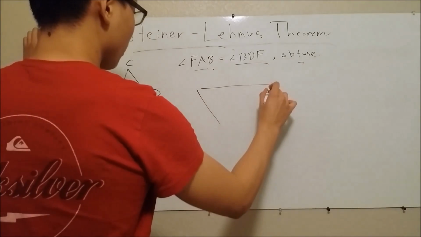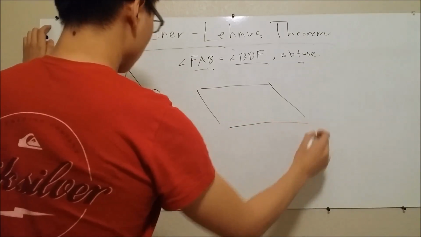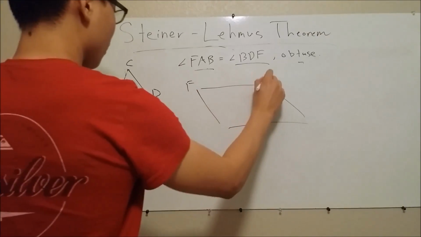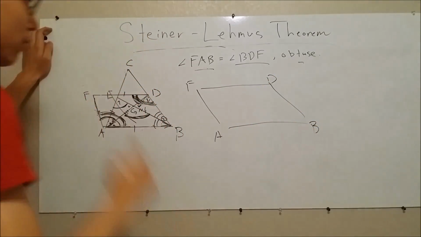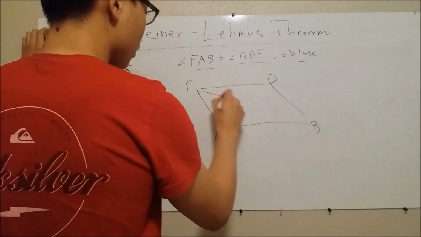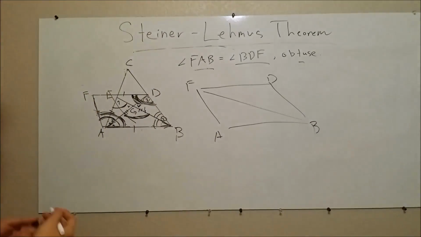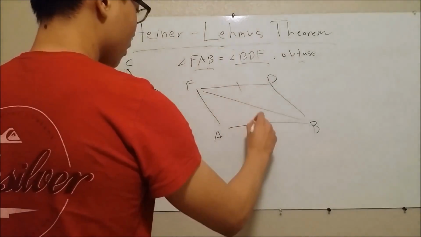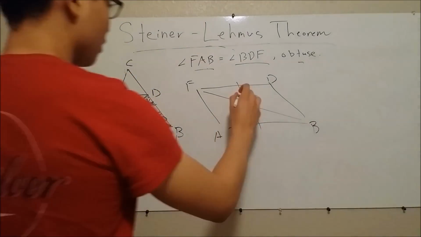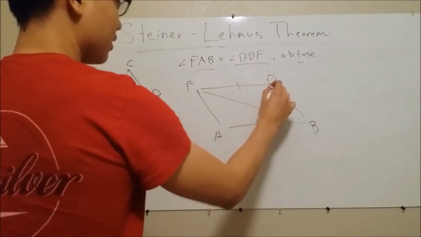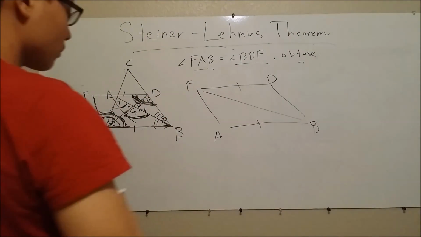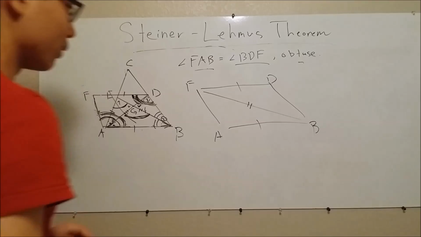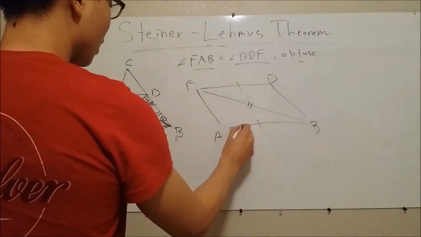We extract the figure from the left, simplify things a bit, and we draw this diagonal right here, FB. And we have the following assumed equivalencies. This segment here is equal to this segment there. And this segment is obviously equal to itself. And we have this obtuse angle here.